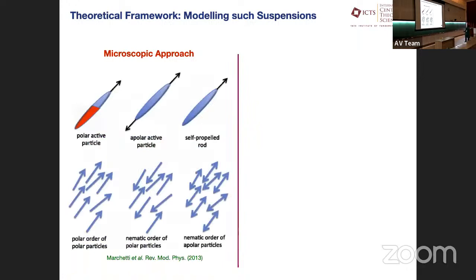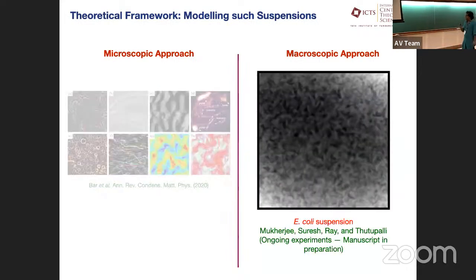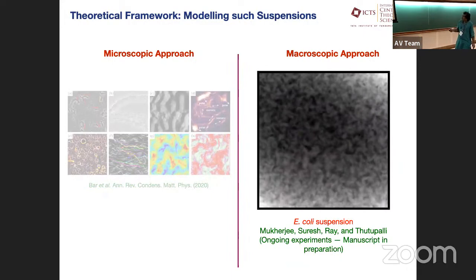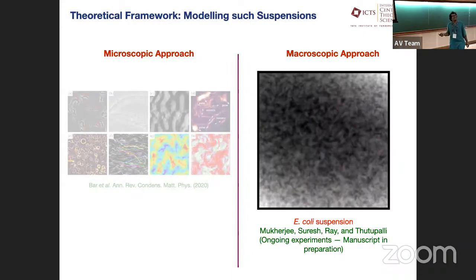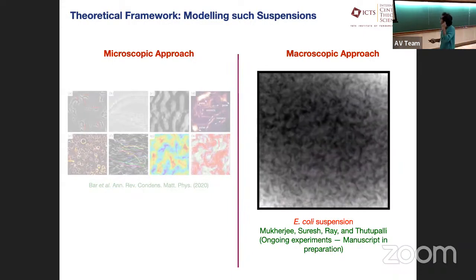You can think about polar particles, apolar particles, self-propelled rods, and they tend to give you several different kinds of ordering of these particles. So that's not what we are going to talk about today for the next 40 odd minutes.